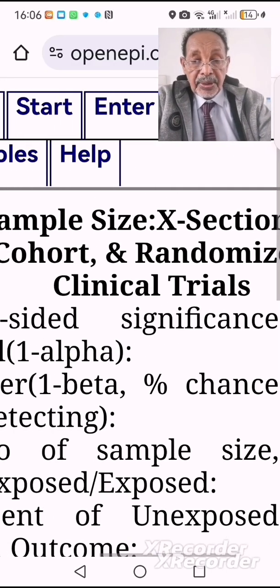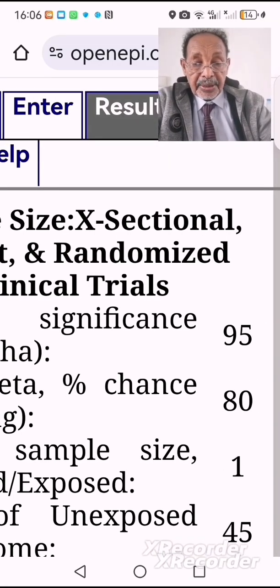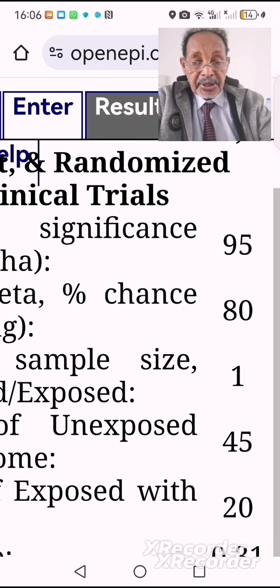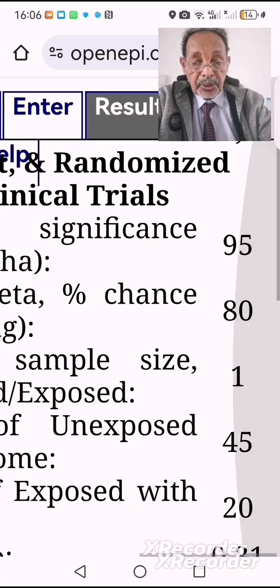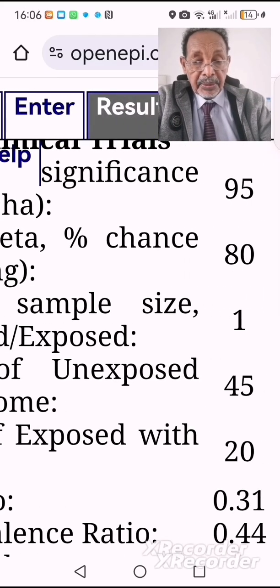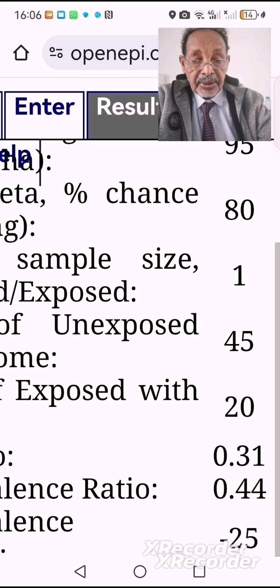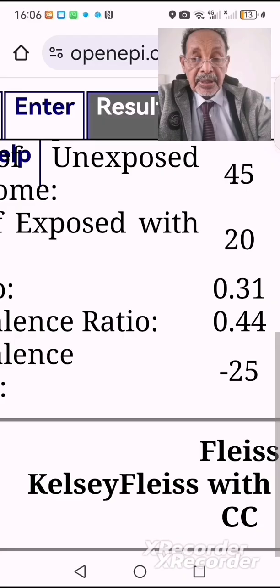At the confidence interval of 95% and a statistical power 80, the group to group is 1:1, and the percentage of the unexposed outcome, that is the normal dressing, is 45%, and the exposed, which is the negative pressure wound therapy, is 20.